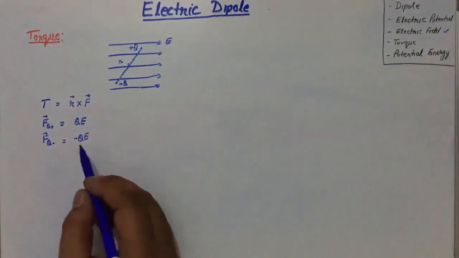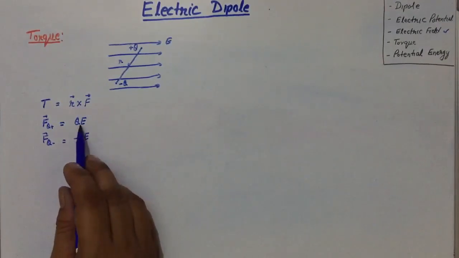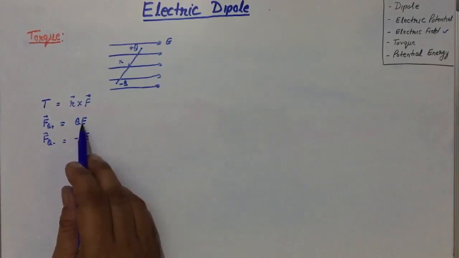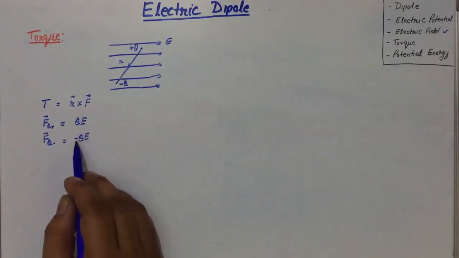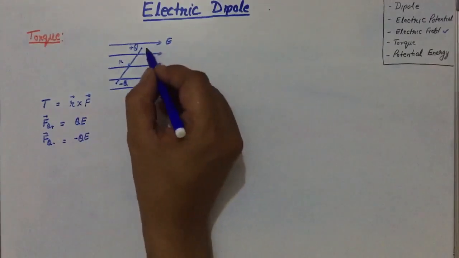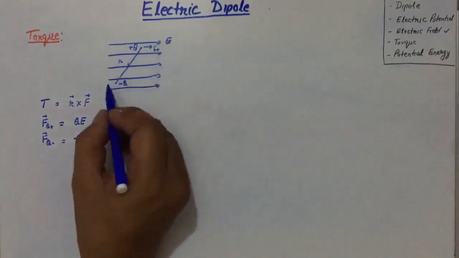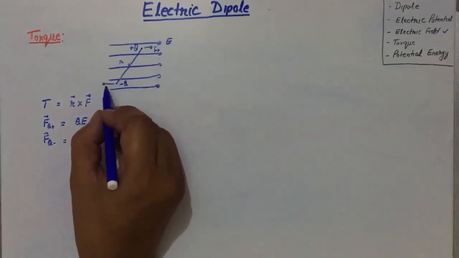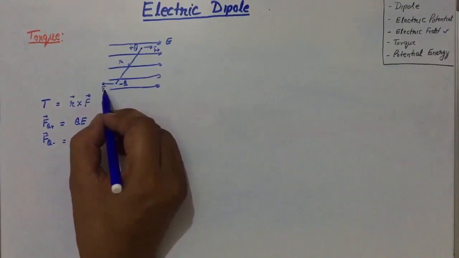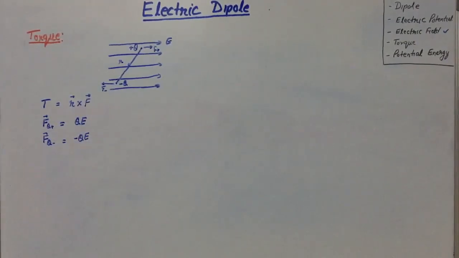So the force direction is in the direction of E for the positive charge, and in the opposite direction of E for the negative charge.